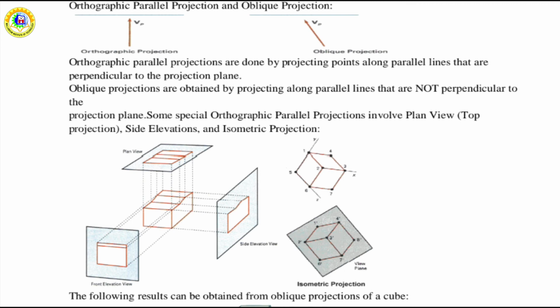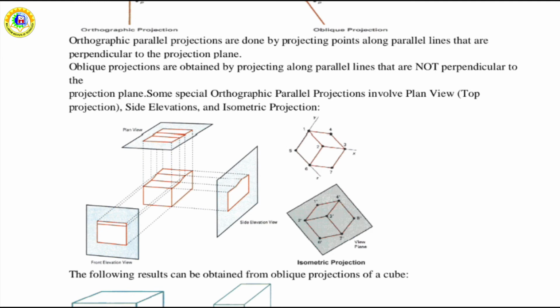Engineering and architectural drawings commonly employ these types of orthographic projections because the lengths and the angles are accurately depicted and can be measured from these drawings.